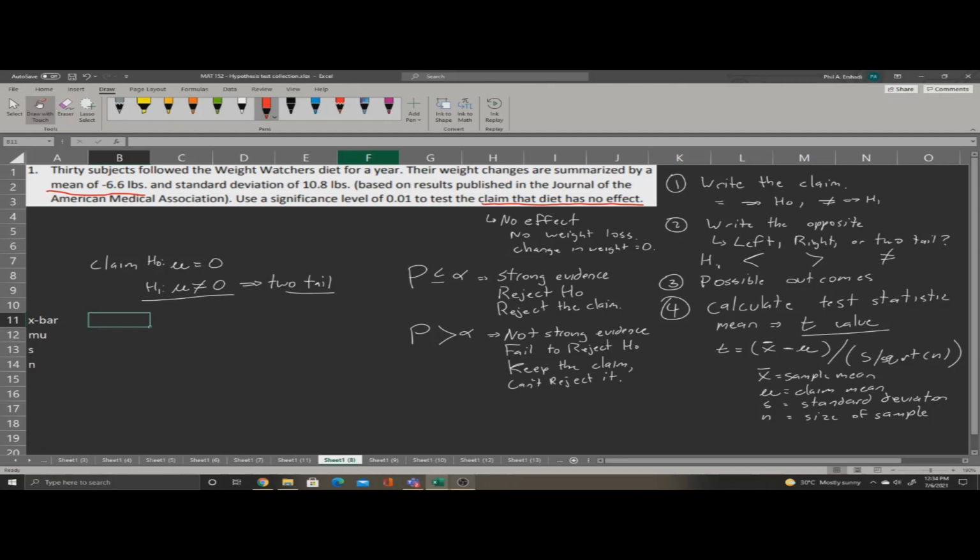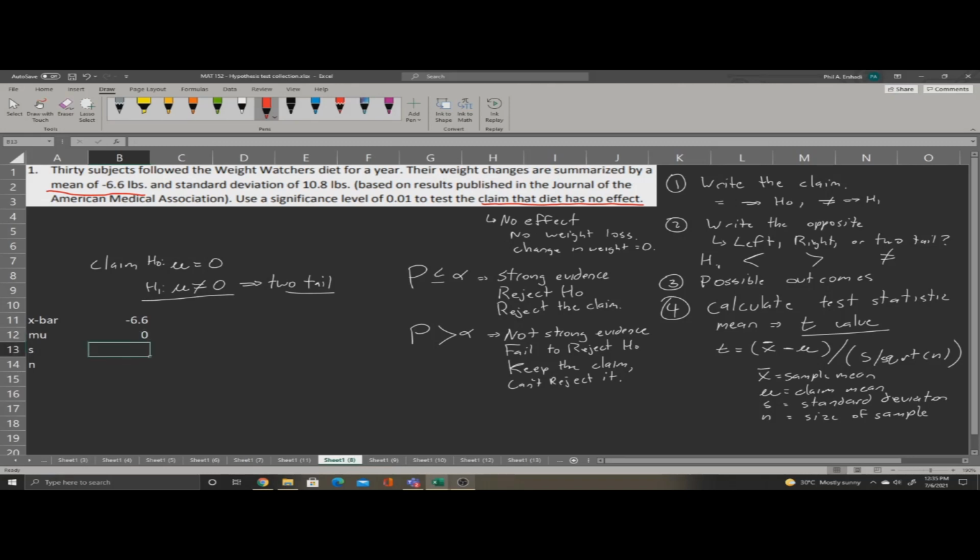That is our x bar, our sample mean. However, mu will be the mu from the claim, and the claim didn't give us a number in the question, but in interpreting the words no effect, we can say that the claim is that the weight loss is 0. This can be found here in the claim we wrote as well, in both the null and the alternate.